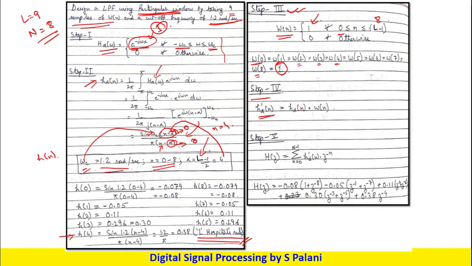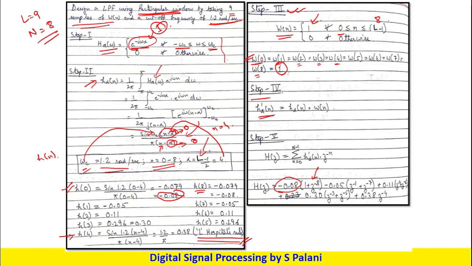After this, what should be our next step? Hd dash n is equal to Hd(n) multiplied by W(n). So h of 0 multiplied by W0, W0 is 1, h of 0 we are getting a value of minus 0.08. Similarly, h of 8 also we will be getting minus 0.08. And that's why we are getting 1 plus z to the power minus 8.